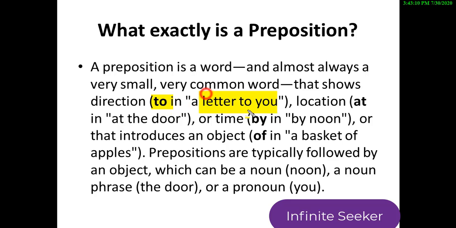For example, a letter to you. And when it comes to location, we use at or in most cases. For example, at the door. And when you use time, we use by. For example, by noon. Or that introduces an object. For example, when we introduce an object, we use of.